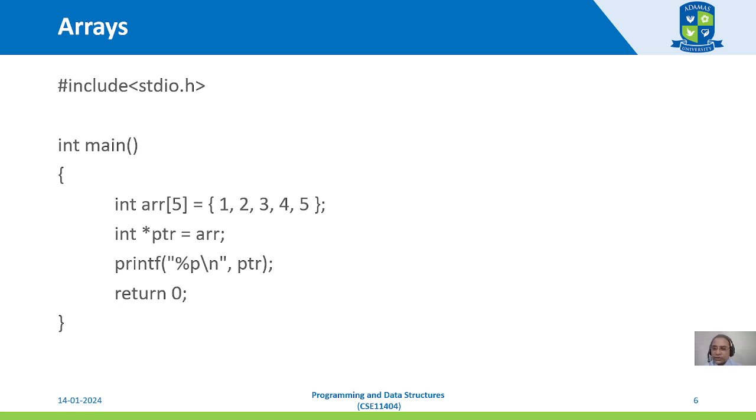Now to print, %p will give the address value. It will not give the value which we want, that 1. If we give printf %d then comma star ptr, then it will give the value stored in the address. Correct?